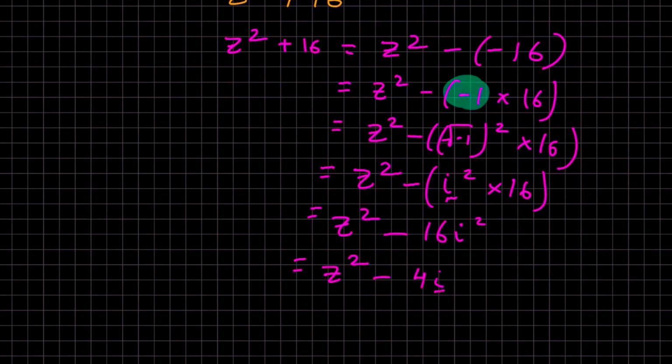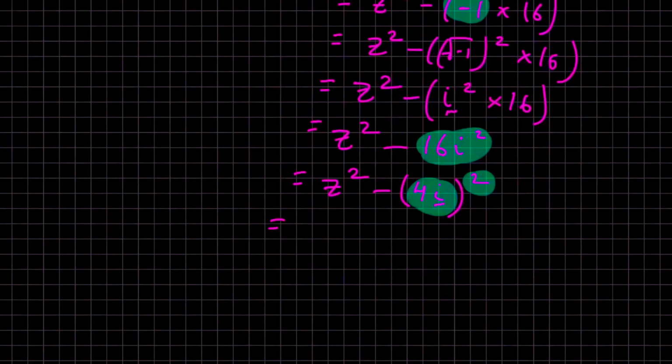So this 16i squared can be rewritten as (4i) all squared. This can then be easily factorized using our difference of two squares. This is factorized into z minus 4i times z plus 4i.